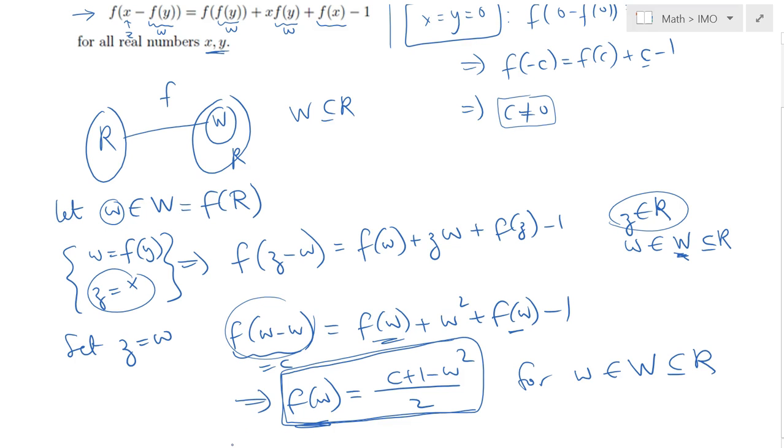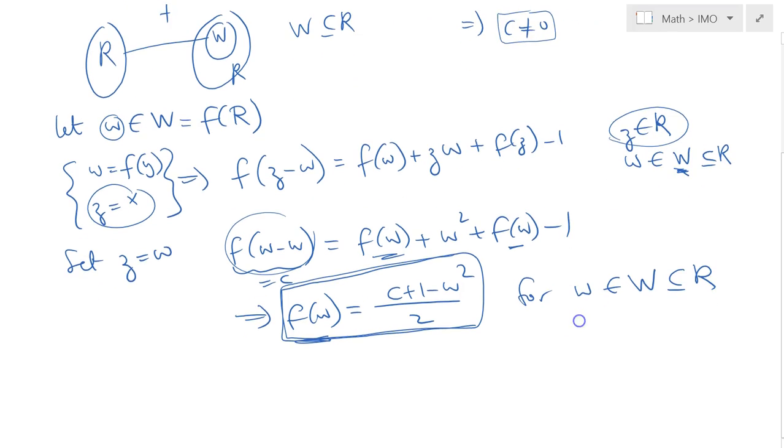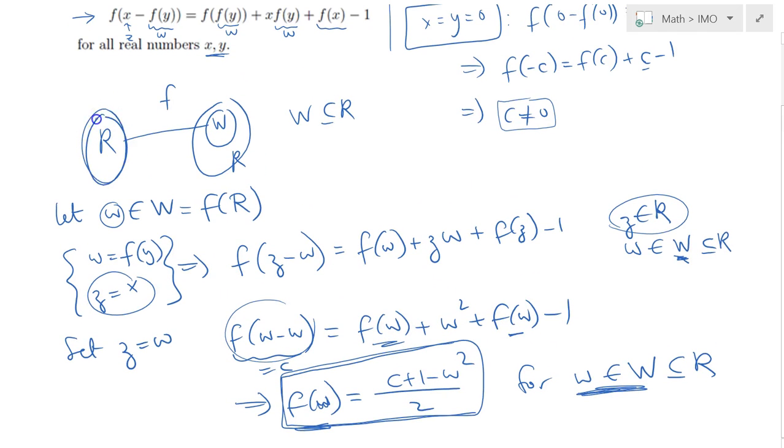Now the critical move would be how to extend this formula to all the real numbers, because the domain is the whole set of real numbers, not a subset W of it.